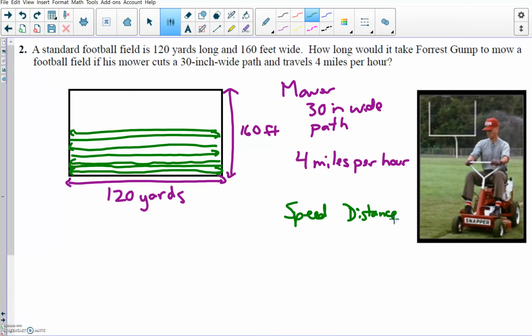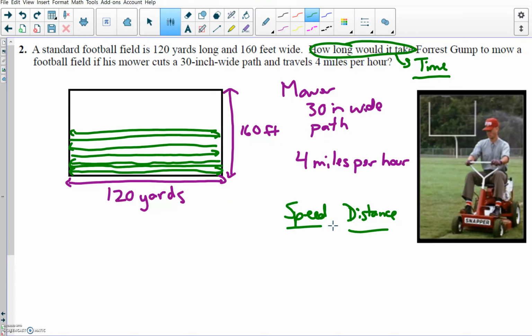And one part that I forgot, which is always very important, is that I never wrote down what I'm solving for. If I go back and read my problem, it says how long would it take? So they're referring to time, right?